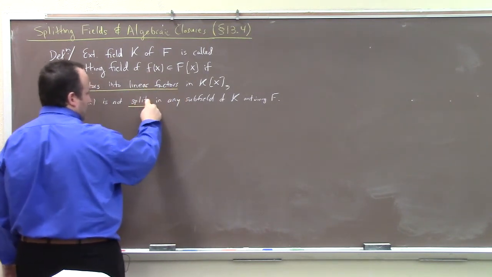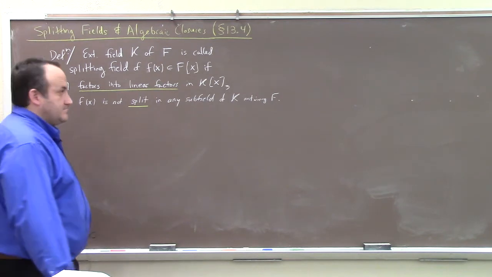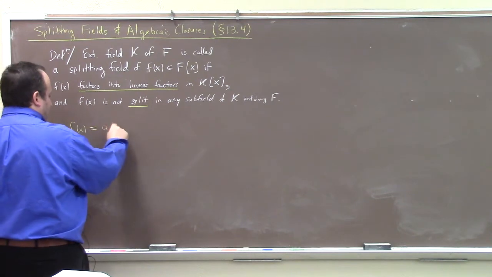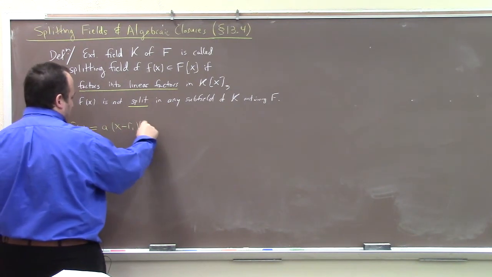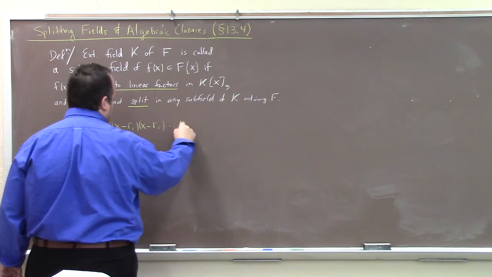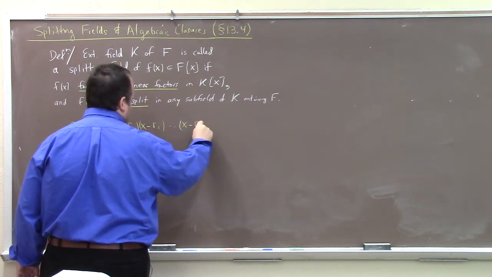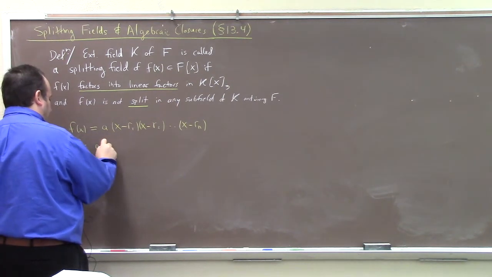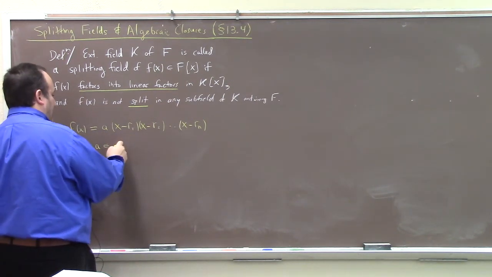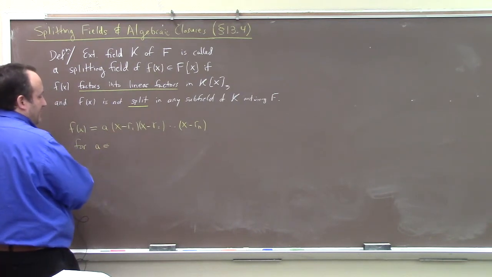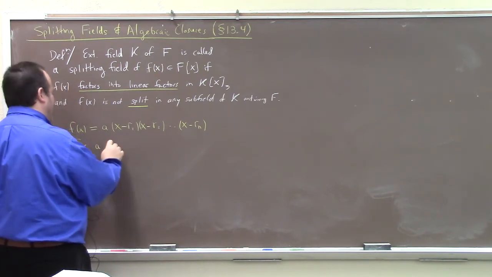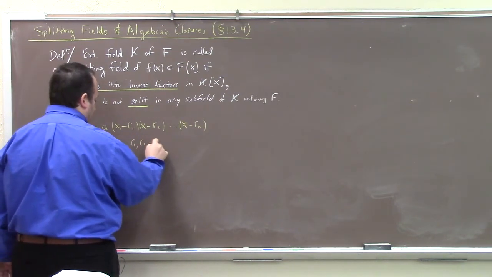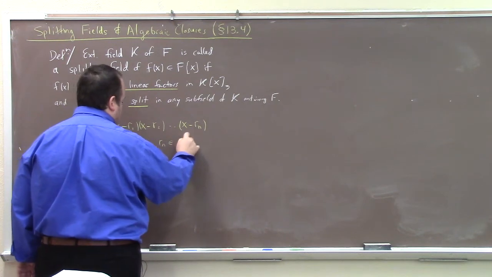That's split. It's something like this, right? Like x minus r1, x minus r2, through x minus rn, times some a. Well, I think actually a has to be in F the way I've set it up here. But of course, the r1 through rn could be in K.